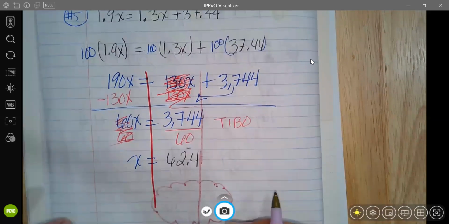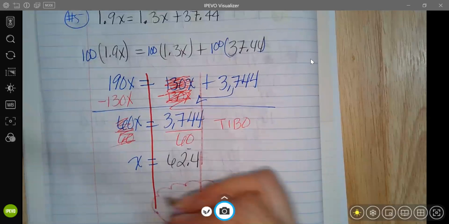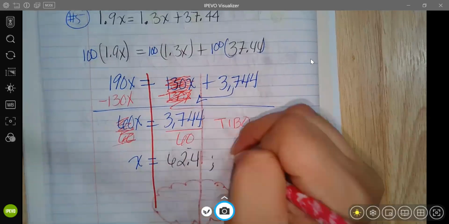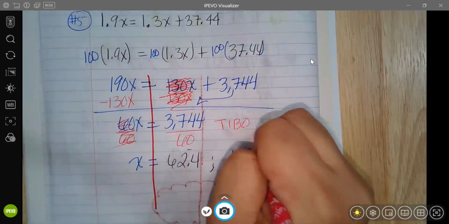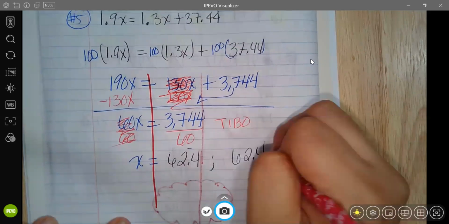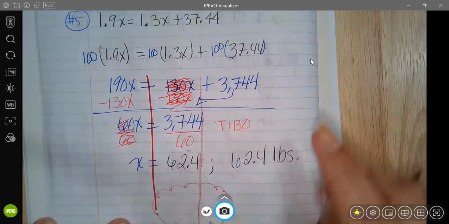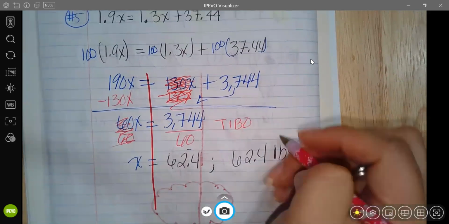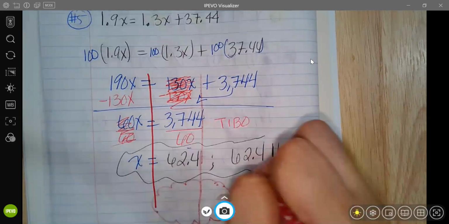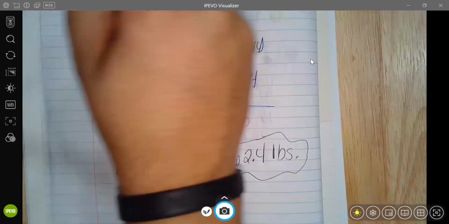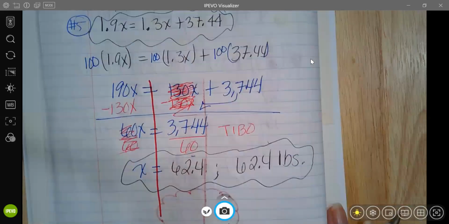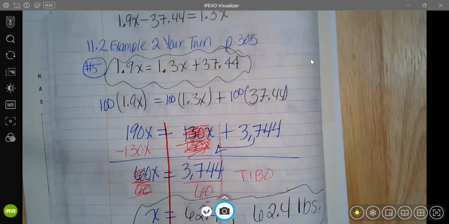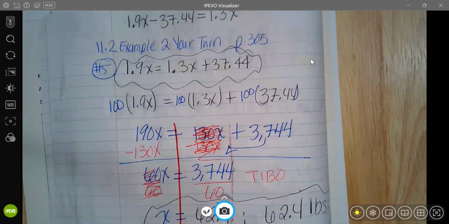So that means each cubic foot of water weighs 62.4 pounds. And I abbreviated pound by lbs. So this right here is one answer, and that one up there is another answer, right? Because we needed the equation plus the solution to that equation.